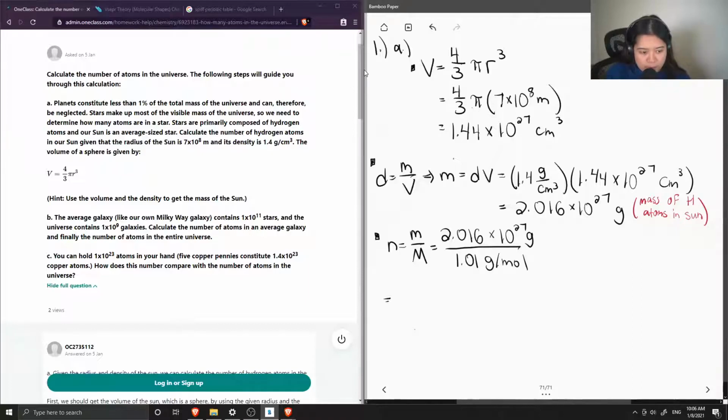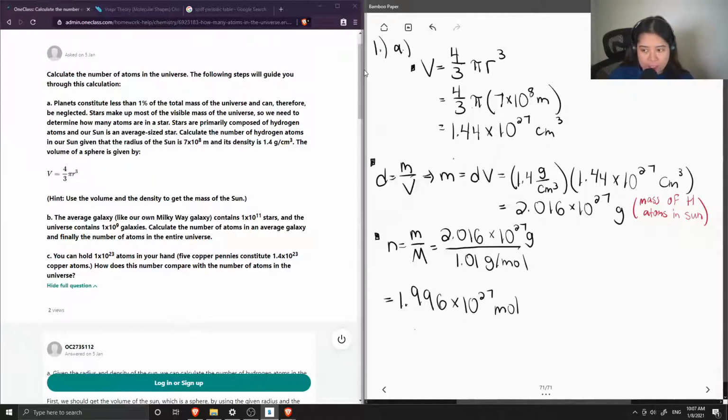So now this gives us the number of moles of hydrogen in the Sun, which is 1.996 times 10 to the 27, I think my note says. Moles.